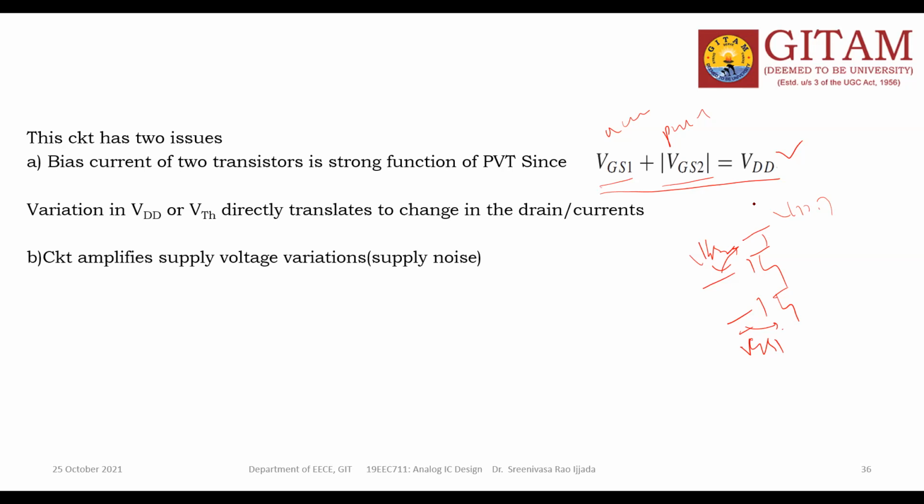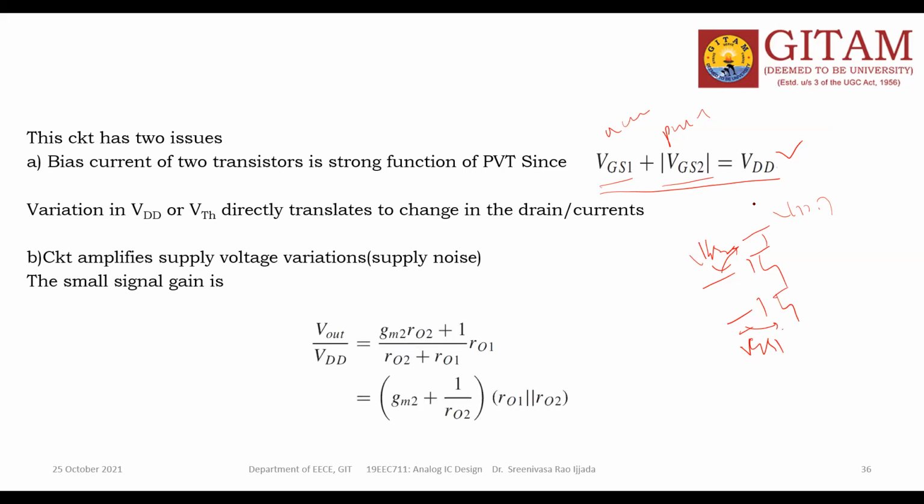The second issue is that the circuit amplifies supply voltage variations. Supply voltage variations are called supply noise. For the small signal gain, Vout by VDD can be written as GM2 into R2 plus 1 by R02 plus R01 into R01.